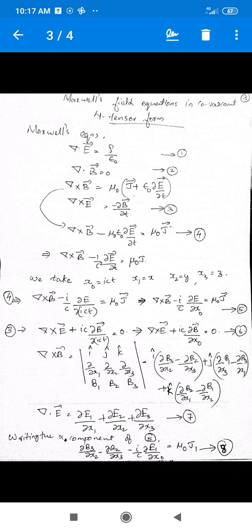Writing x component of equation 5. So first del cross B, equation 5. Its x component, what is its x component? Del cross B's x component is dou B3 by dou x2 minus dou B2 by dou x3.